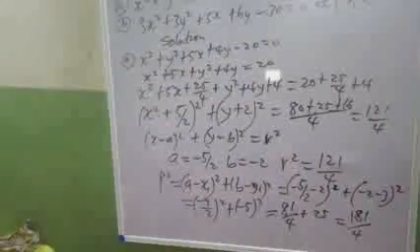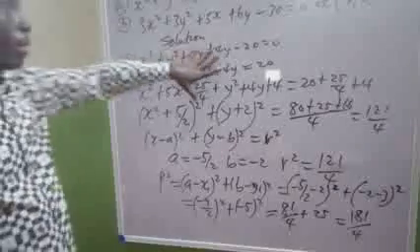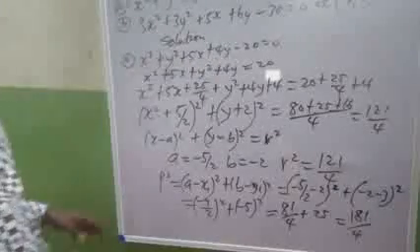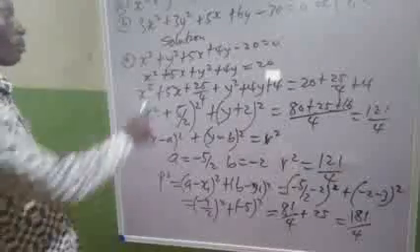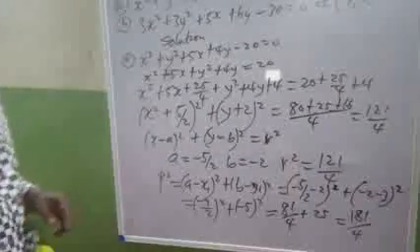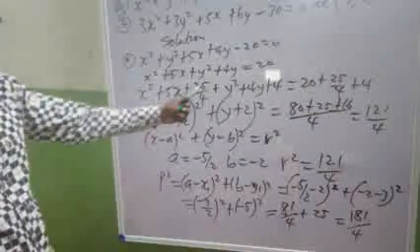I want you to look at that very well. Remember the first thing, we are very familiar with this part of it. We make this one a perfect square, and when you factorize, your r is equal to 1 to 1. Remember, whatsoever you add here, you must add to this side.